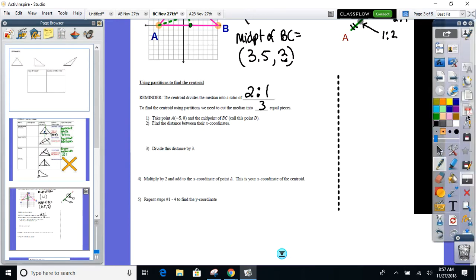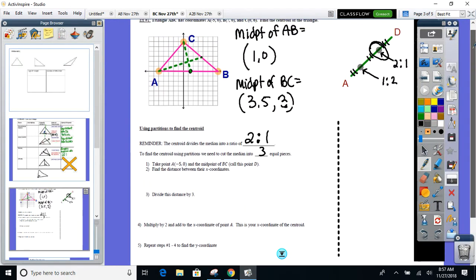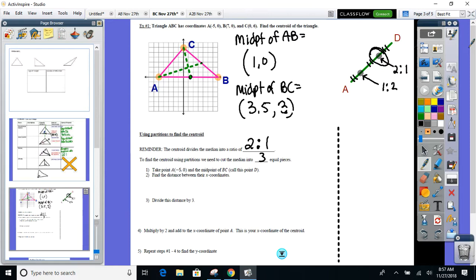First thing I need is we need to focus on one and only one median right now because there's 3 going on. So what I'd like you to do, if you did not already, find the midpoint of BC, please, and call that point D. So if you did not do that on your own, please find the midpoint of CB, and we'll call that point D. Everybody have point D?